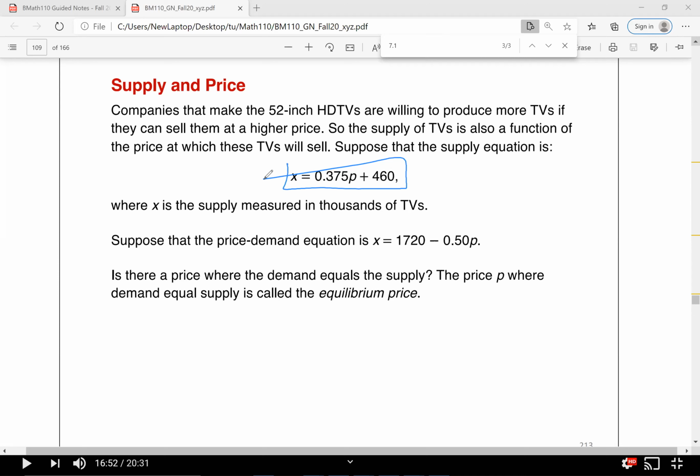Is there a price where the demand equals the supply?